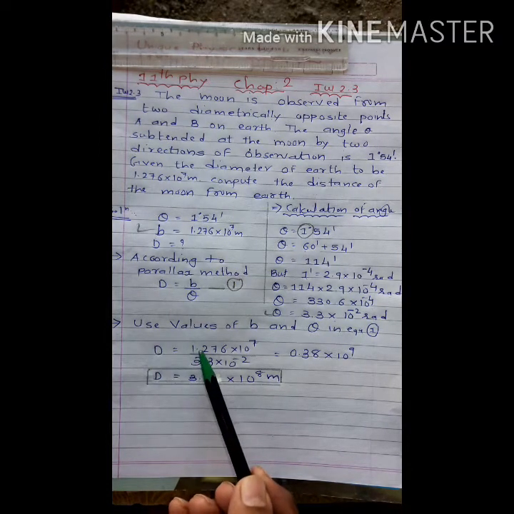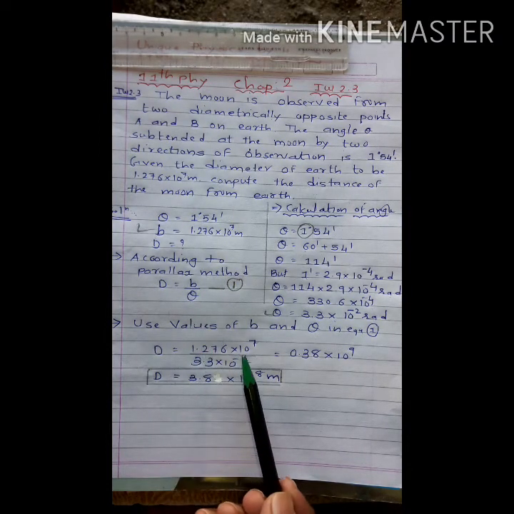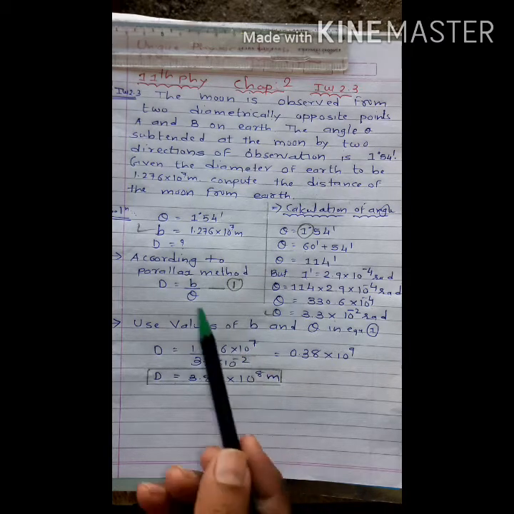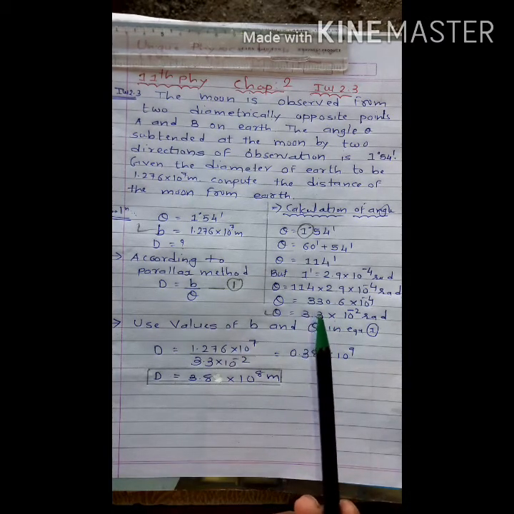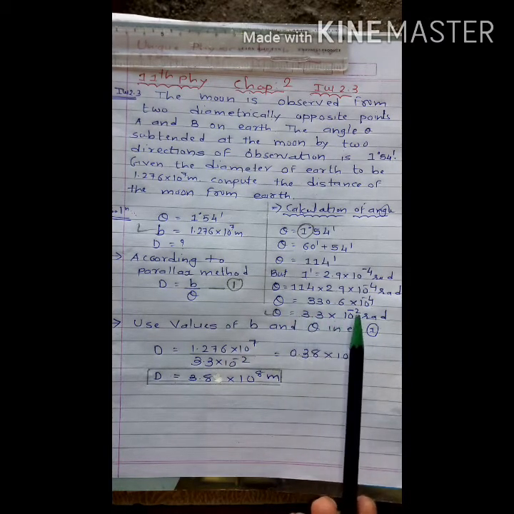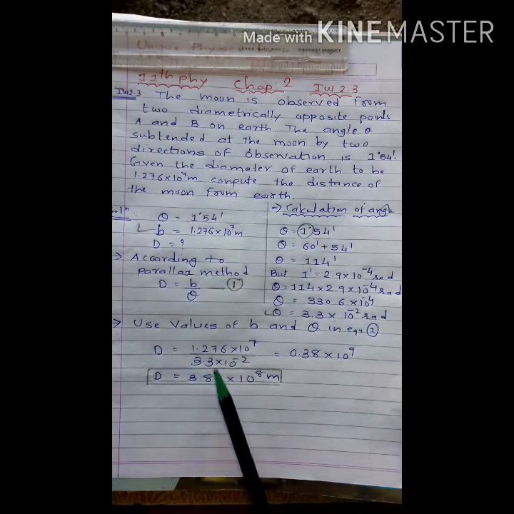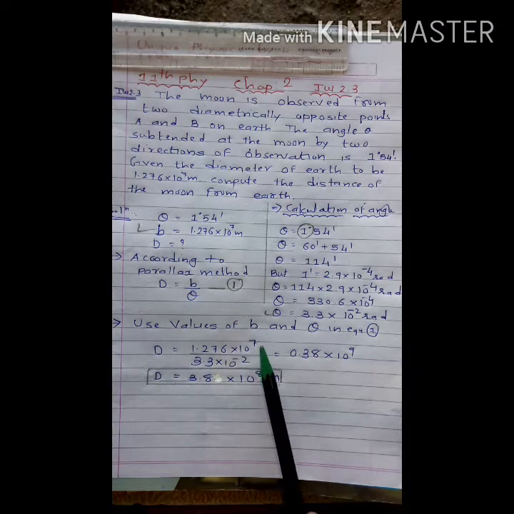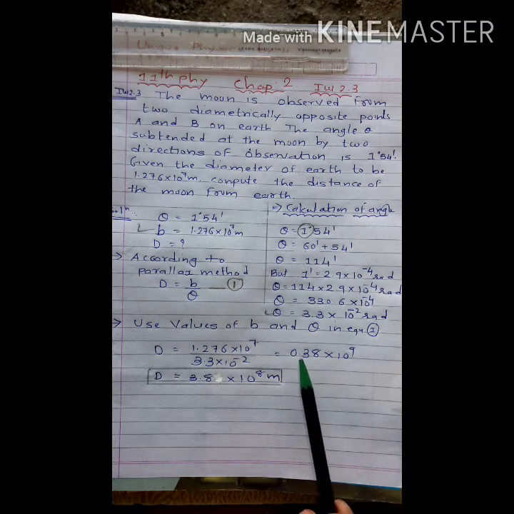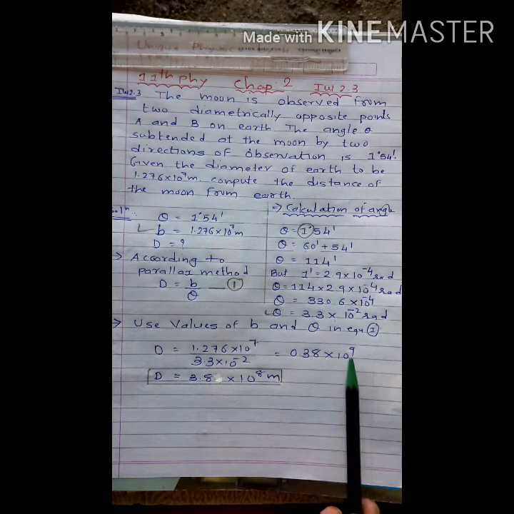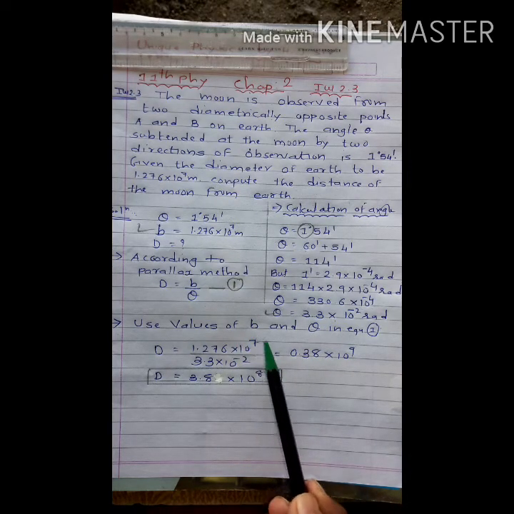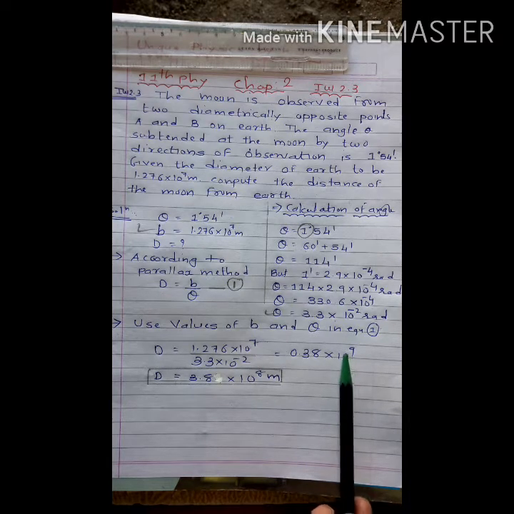So D is equal to small b, 1.276 into 10 raised to 7, divided by theta. Here we use the value of theta in radian, 3.3 into 10 raised to minus 2. Now try to solve this mathematical step. Our next step is 0.38 into 10 raised to minus 9 plus 9.